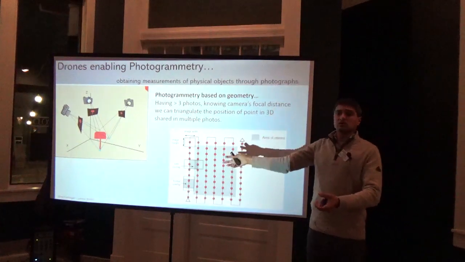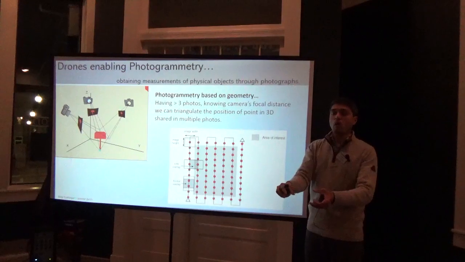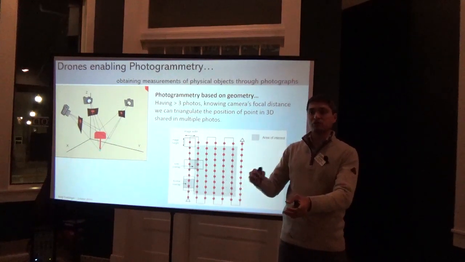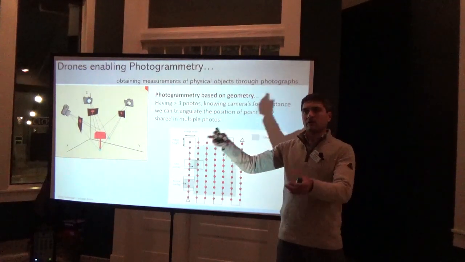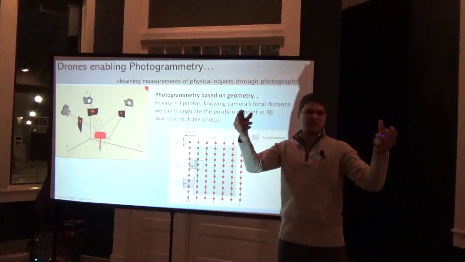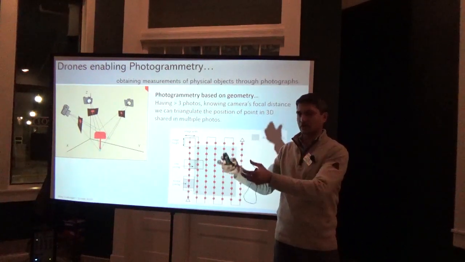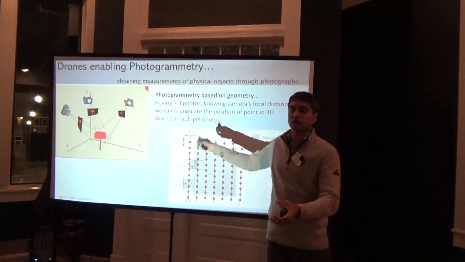Now with drones, because our cameras are so cheap and it's flying so low, what we have to do is increase the overlap between photos to 70, 80, to 90%. Aerial cameras were very expensive and big, and drone cameras are cheaper and fly lower. That's why we can still do 3D reconstruction, but we have to increase the overlap.